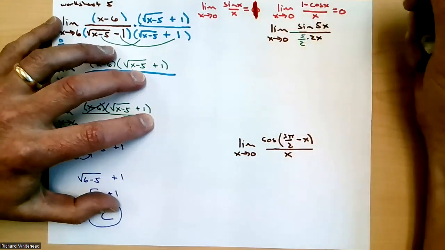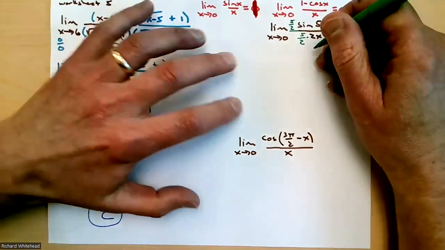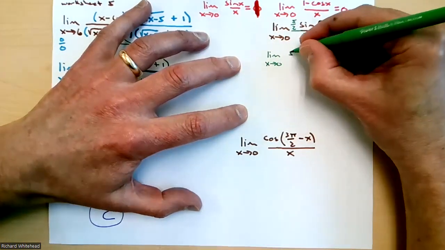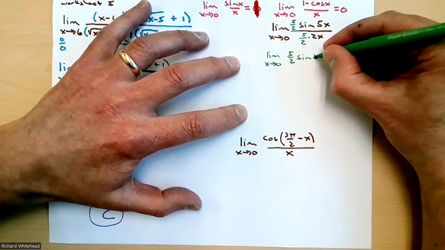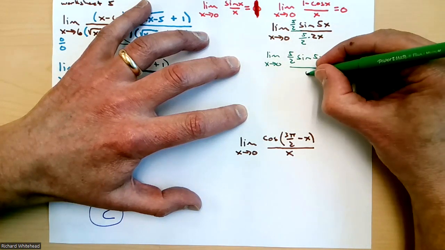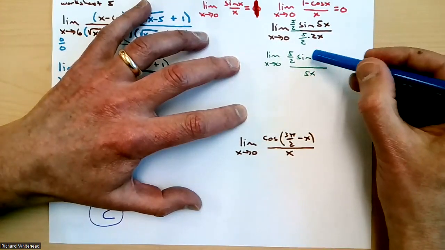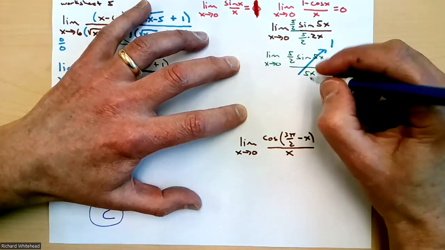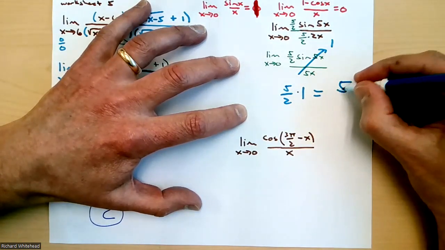But remember from your algebra, if you multiply the denominator by 5/2, you also have to multiply the numerator by 5/2. So I've got the limit as x goes to 0 of 5/2 sine of 5x. And then 5/2 times 2x just makes 5x. So see now that these are the same, sine of 5x over 5x, that whole thing right there just goes to 1. So 5/2 times 1, the answer is 5/2.